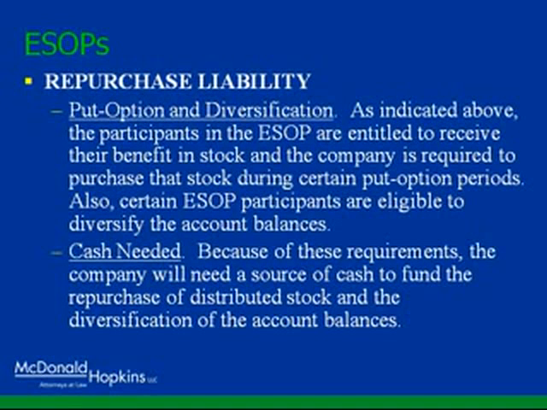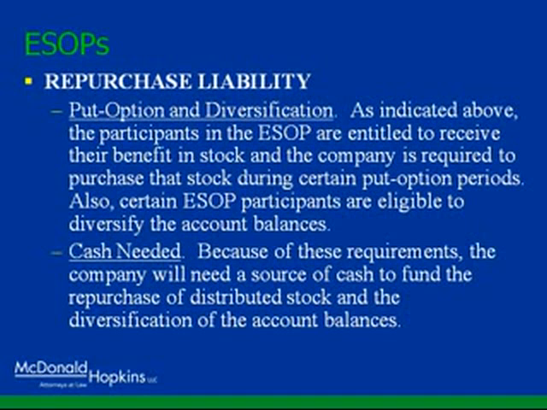In addition, there is a requirement by law that when a participant turns age 55 and has been in the plan for at least 10 years, they have the ability to diversify what's held in their account. Recall that in an ESOP, the primary asset in their account is the company stock. After reaching age 55 and having 10 years in the plan, they have the right to diversify up to 20%, and then when they turn 60, another 25%.